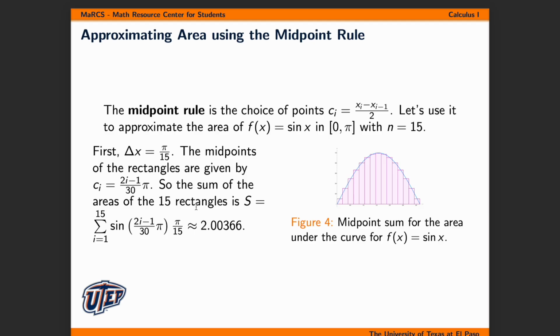So for the sum of the areas of the 15 rectangles, once again, we evaluate our function at our ci, for each i from 1 up until 15. So that'll be our length, and then our width will be pi over 15. So carrying out this sum gives us approximately 2.00366. So here's the figure for our function and the midpoint sum for the area under the curve f of x.